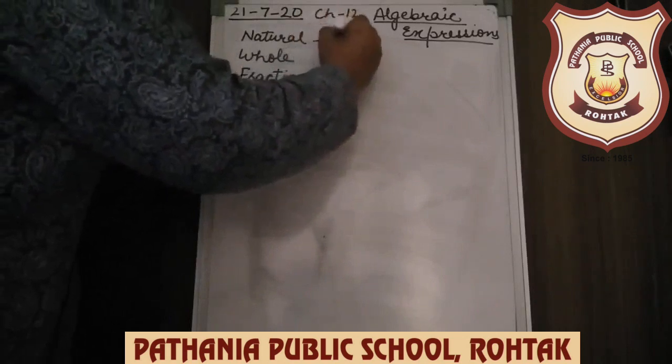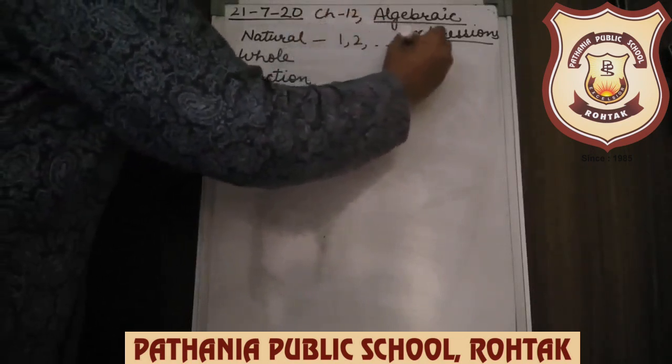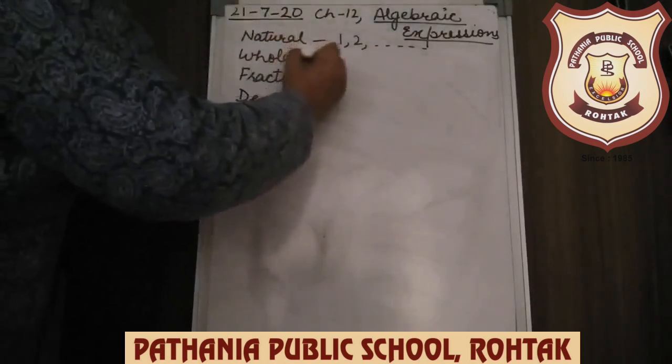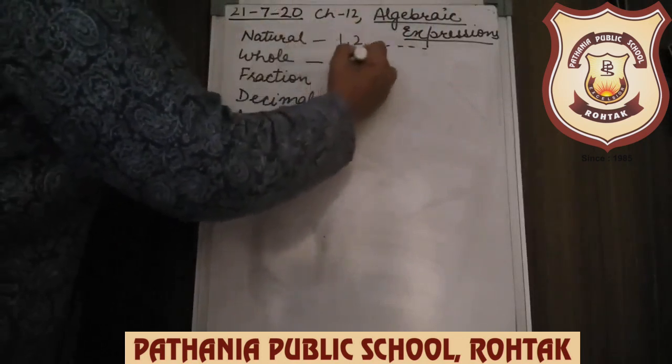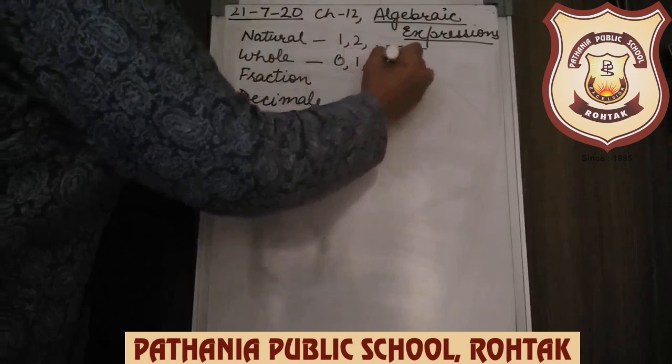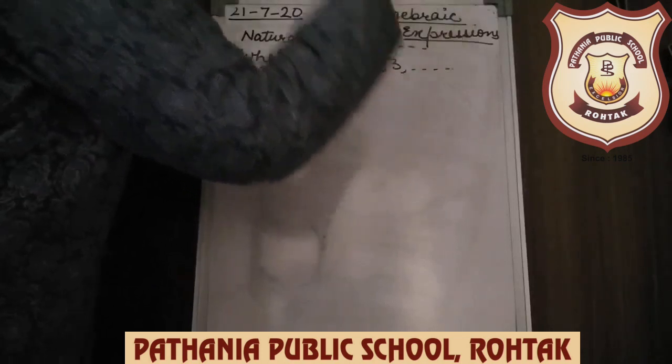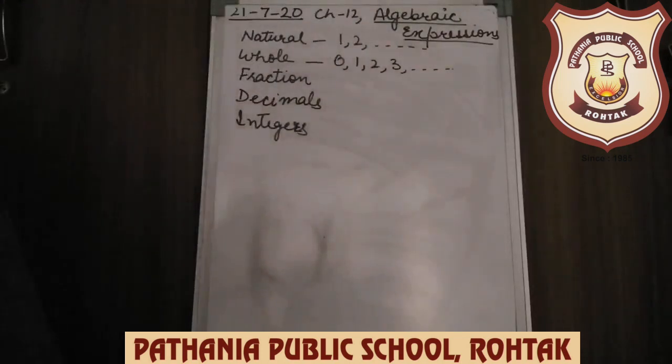Now natural numbers, they start from 1 and they keep on going. Whole numbers, these are the set of natural numbers along with 0. 0 is also included. Then this category becomes whole numbers.